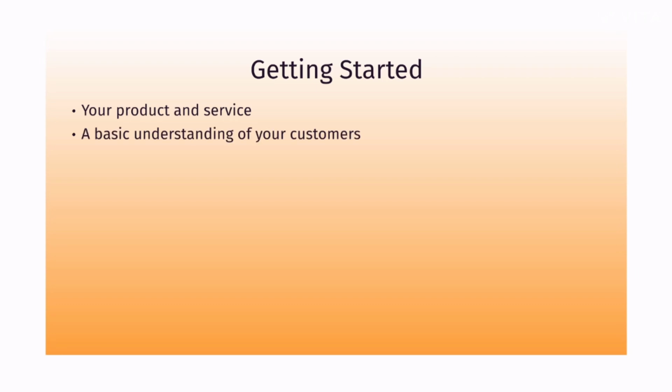In terms of getting started, you don't really need a whole lot. You just need to have your product and service. You need to have a basic understanding of your customers. If you don't really understand them to the T and all the way down to the detail, we're going to get at that in this course. You're going to need to have access to a form builder, and we will suggest 2 form builders that we have found very useful. And of course, you'll need an email autoresponder system.